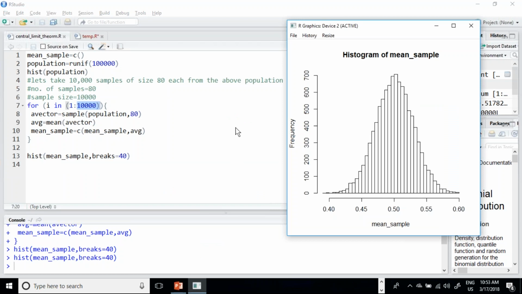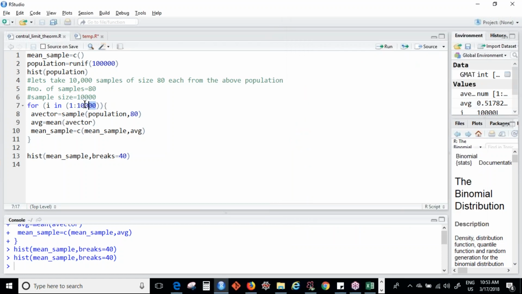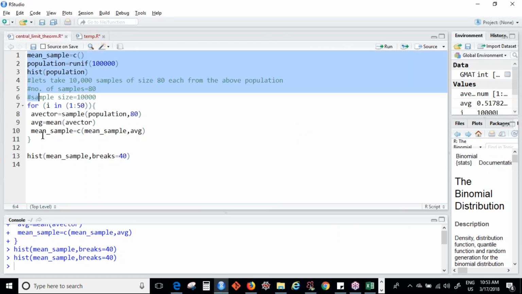Okay, Arvind is asking, can we run the loop for 50 times instead of 10,000? Yes, Arvind, you can do that. You can run it for 50 times, but then plotting a histogram will be difficult because you will have just 50 points. So let me take just 50 points.